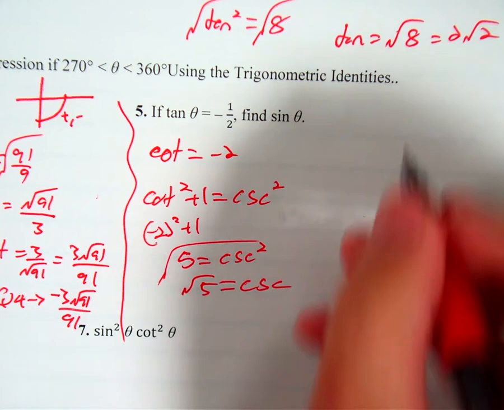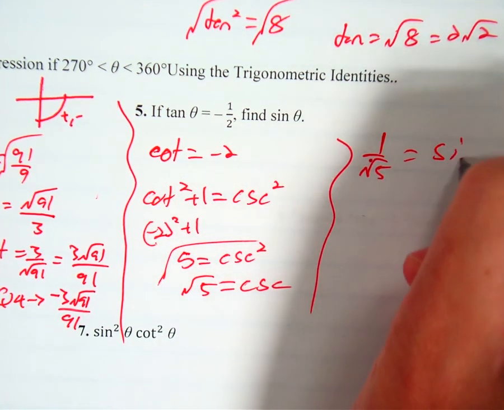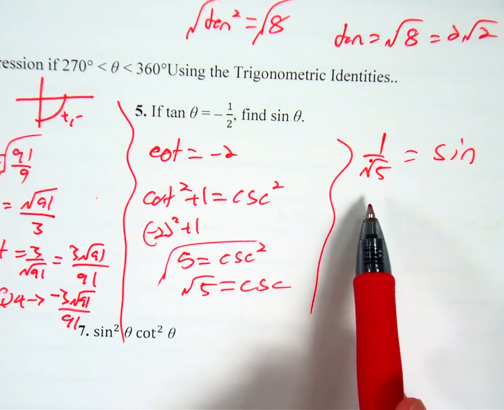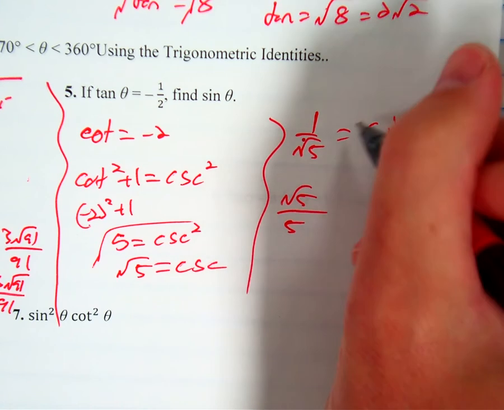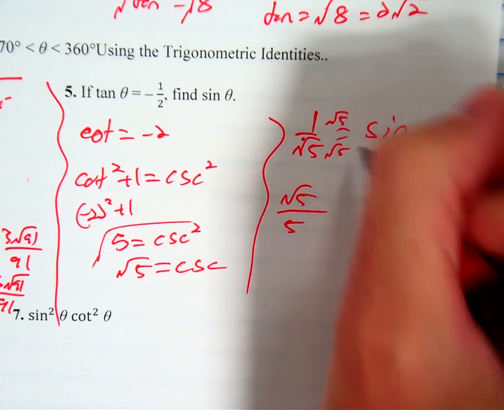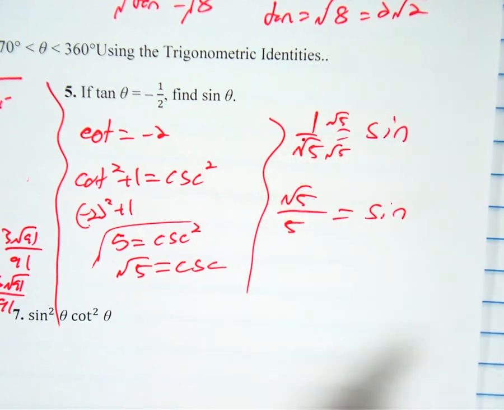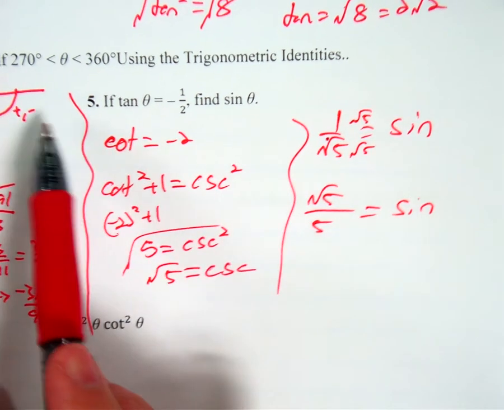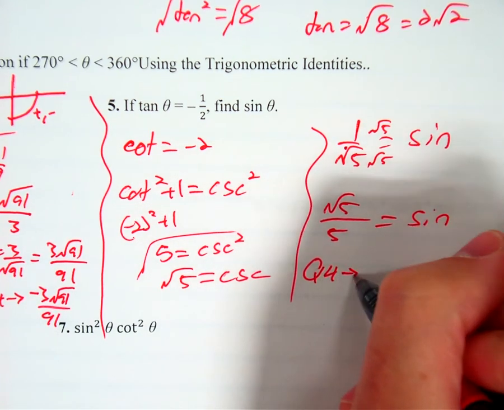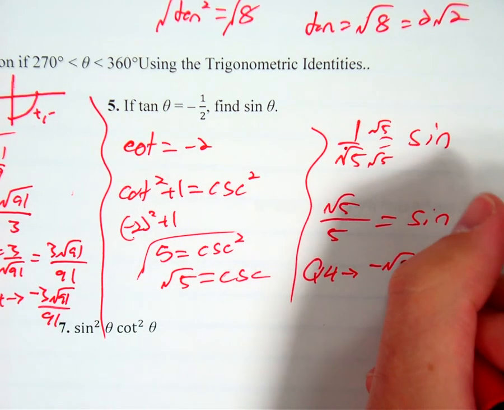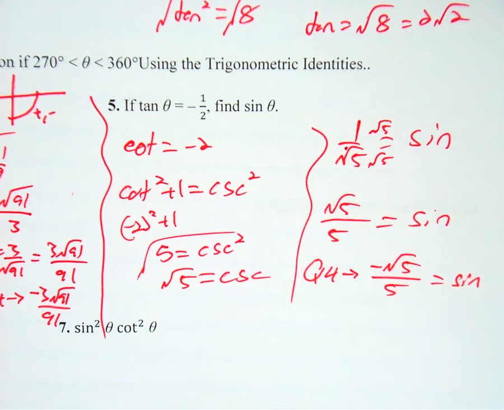Flip it. 1 over radical 5 equals sine. Okay, can't have radical 5 on the bottom, so that's radical 5 over regular 5, multiplied by radical 5 top and bottom, equals sine. Quadrant check, quadrant 4. Cosine is positive, sine is negative. So Q4 means we have negative sine. Negative radical 5 over 5.